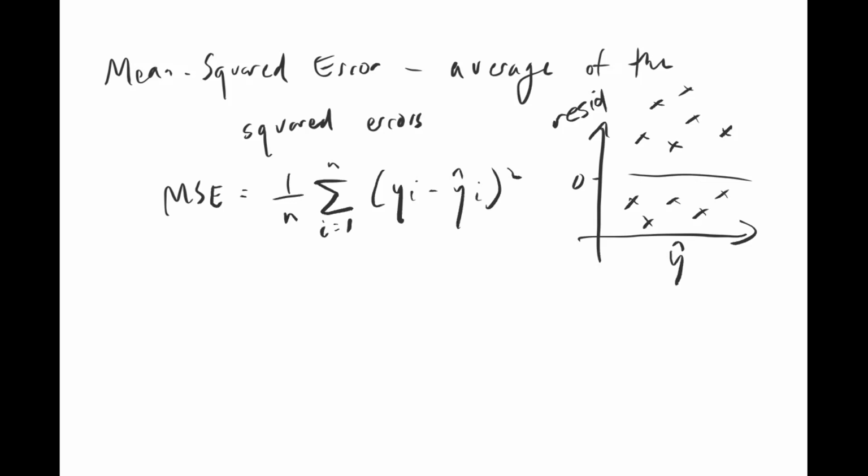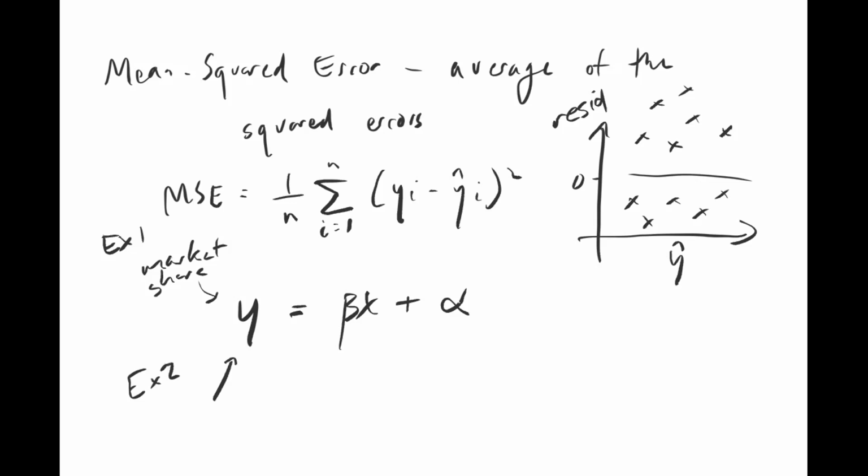Suppose your model y equals beta x plus an error term is describing something like market share, versus in a different example, maybe GDP, where market share is in terms of percent and GDP is in terms of billions of dollars.